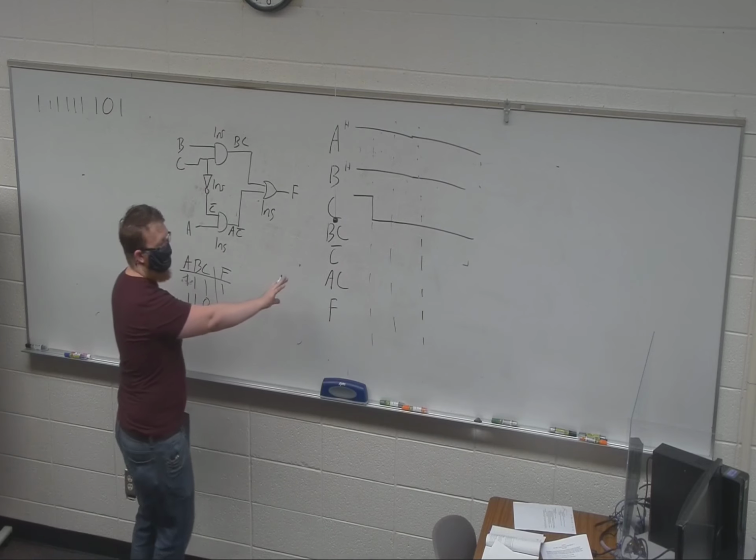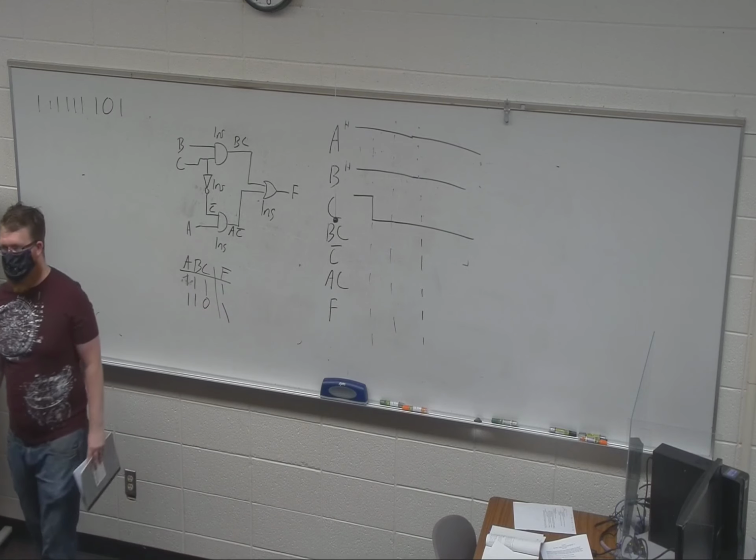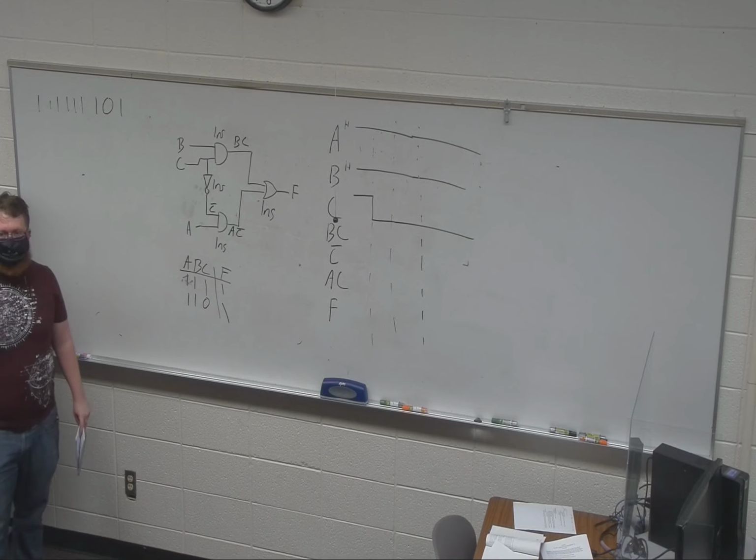Walk through drawing the timing diagram for BC, C bar, AC, and ultimately F. I can give you 10 minutes to puzzle through that. If you're stuck or confused, you can ask questions, feel free.